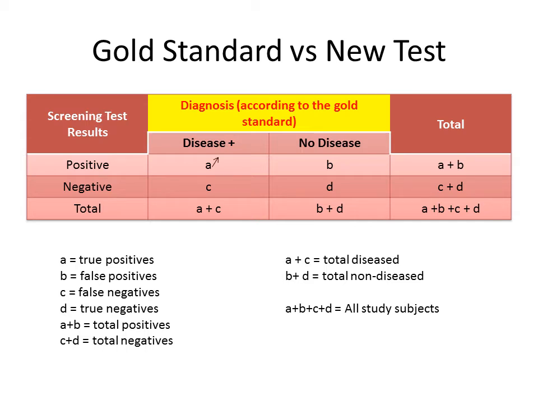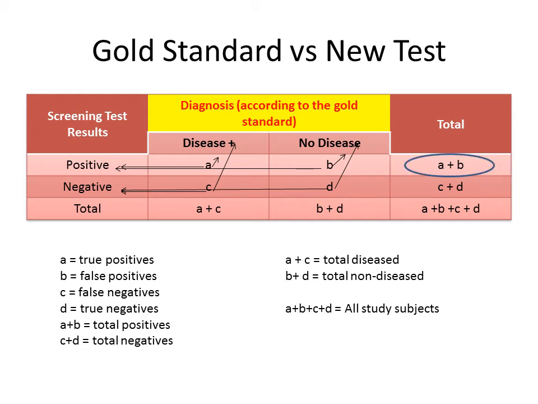A patient who has the disease and is positive according to the screening test is a true positive, and a subject who is free of the disease but gives a positive in the screening test is a false positive. A subject who has the disease but is negative according to the screening test is a false negative. And a subject who does not have the disease and is negative according to the screening test is a true negative.